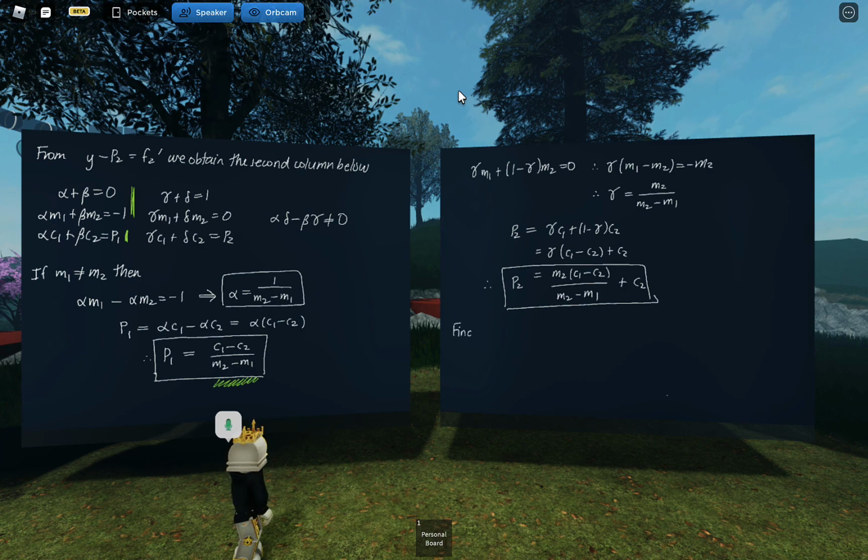Now finally I have to check, in order to be sure that I have found the solution and the only solution, I need to check this condition that alpha delta minus beta gamma is non-zero. But delta is 1 minus gamma, beta is minus alpha, so this is alpha minus alpha gamma plus alpha gamma, which is alpha, and that's 1 divided by m2 minus m1, right?